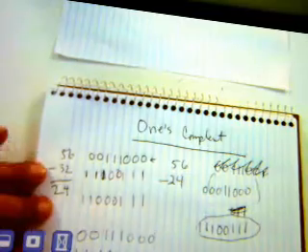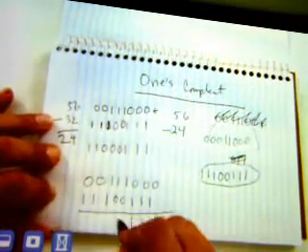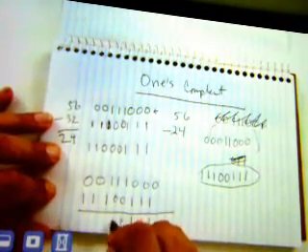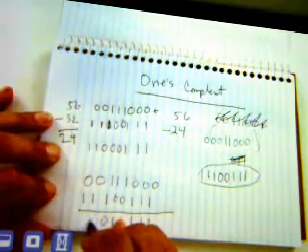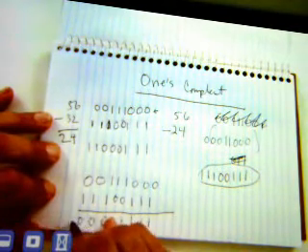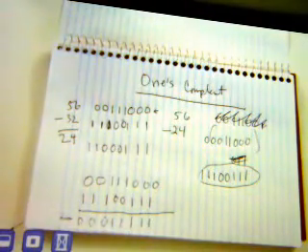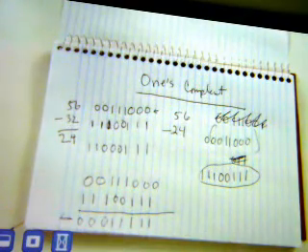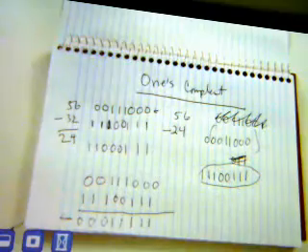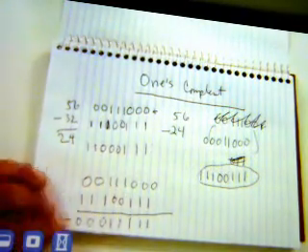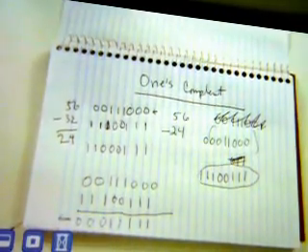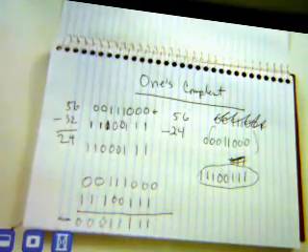Carry, carry, carry, you have an overflow. And that's one of the things when you're working with these really small 8-bit numbers, you're going to get overflows. So we certainly got an overflow there. This stuff is not rocket science. It just takes a bit of effort to do it.